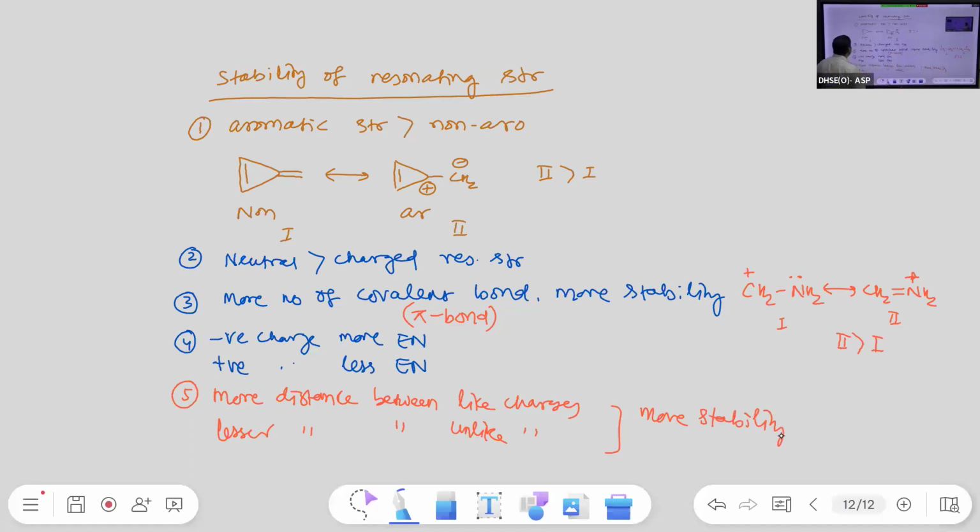This is the last one. The more the distance between like charges, the more the stability. The lesser the distance between unlike charges, the more the stability. So these are the rules which explain the stability of resonating structures.